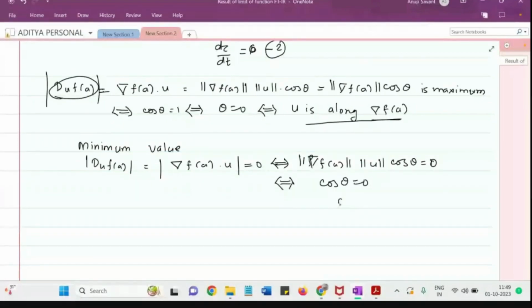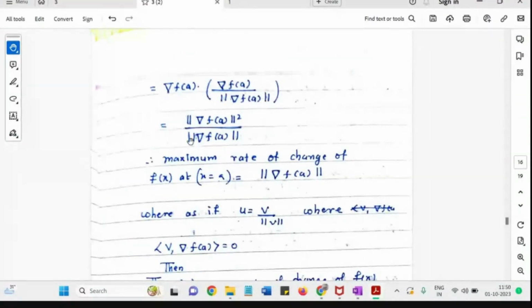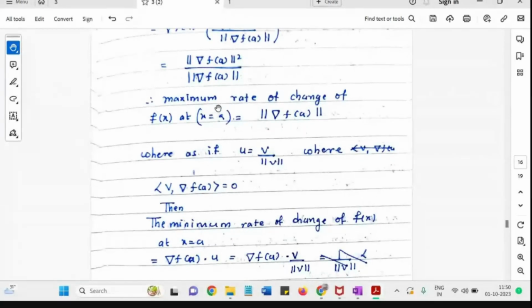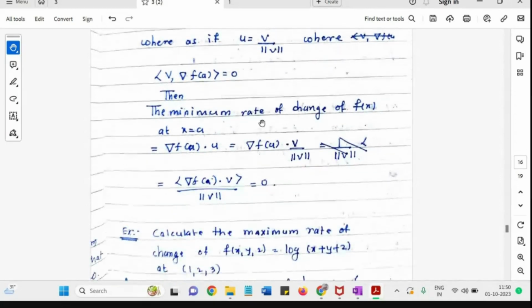Okay, so the highest absolute value of the directional derivative is obtained when u is a vector along the gradient of f at A, and the directional derivative will be 0 only when I'm taking a vector u which is perpendicular or orthogonal to grad f of A. Okay, so here I'm talking about maximum rate of change, once again the maximum absolute value of the directional derivative is obtained when u is a vector along the direction of grad f, and the minimum value of the rate of change, the directional derivative, will be 0 if I'm choosing a vector which is orthogonal to grad f of A.